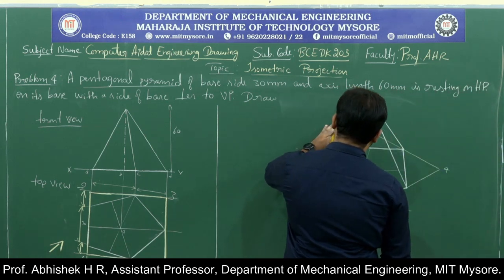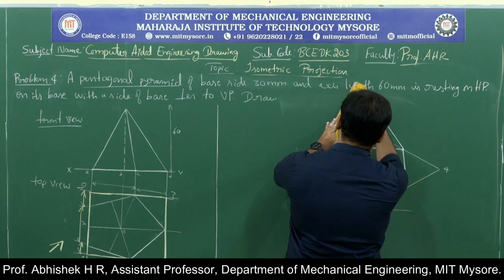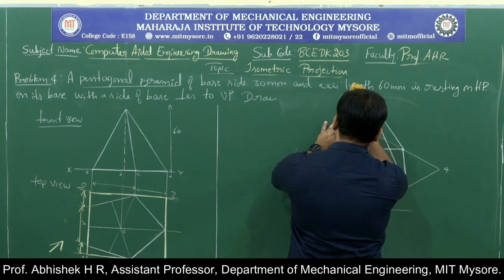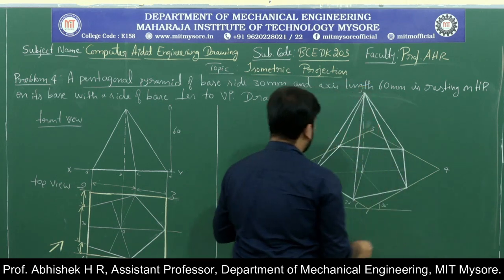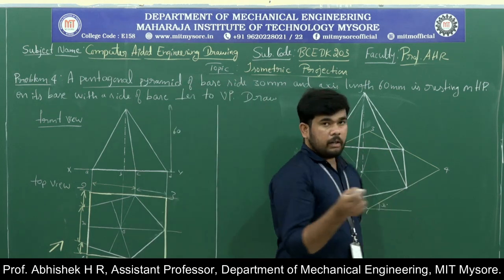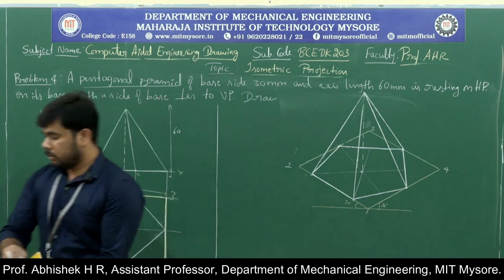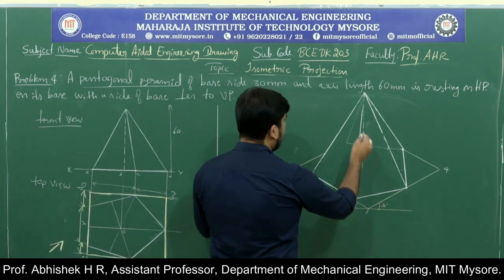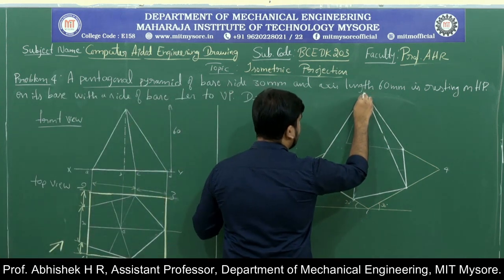And we have one more dimension here. Now we can rub all the unwanted lines. Now I'll just highlight this area so that the visibility will be clear.